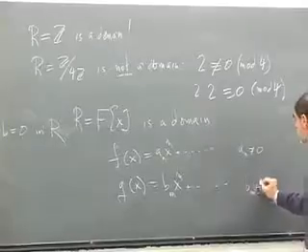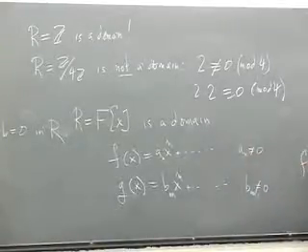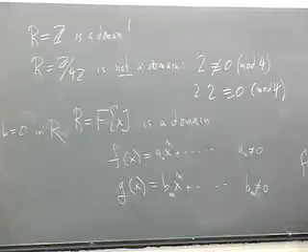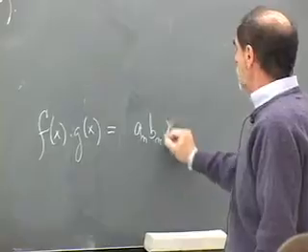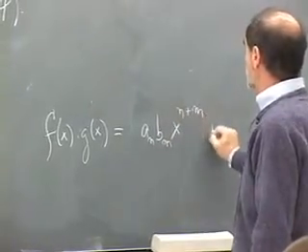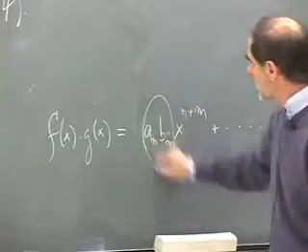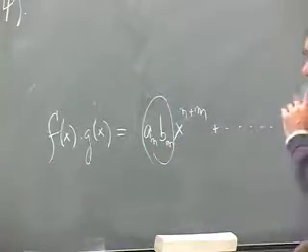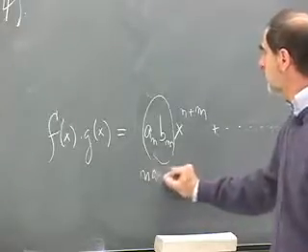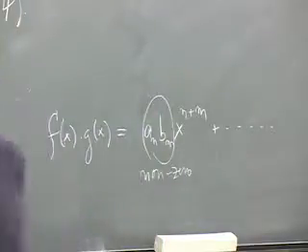Those are the first non-zero coefficients. When you multiply these two polynomials, you don't know much about it, but it certainly starts out with a_n b_m x to the n plus m plus lower terms, right? And this number is non-zero because we're in a field. Okay? So if you have two polynomials which are non-zero, their product is non-zero.